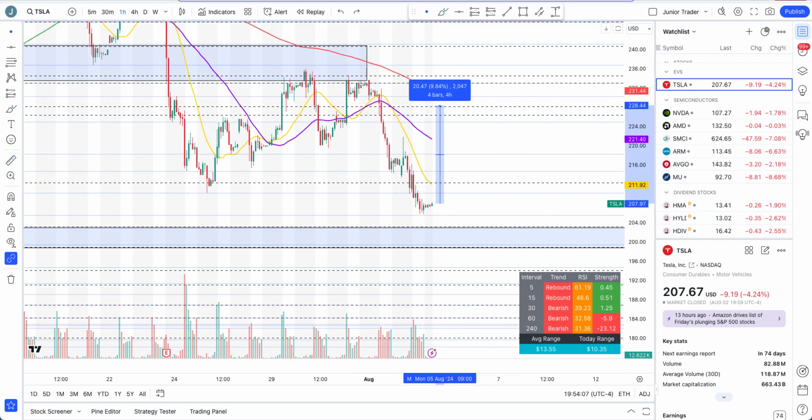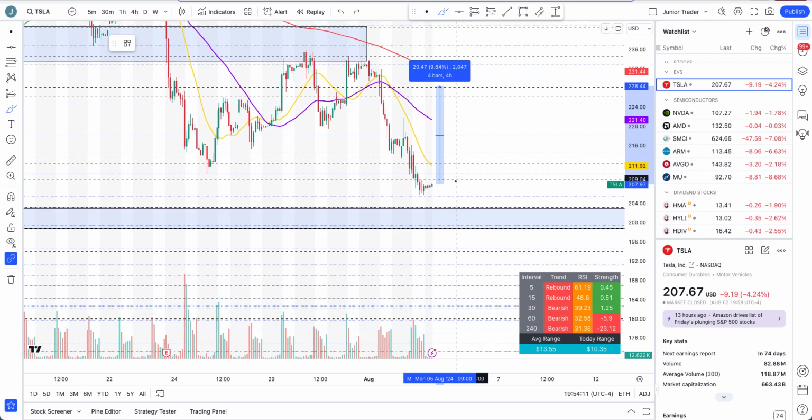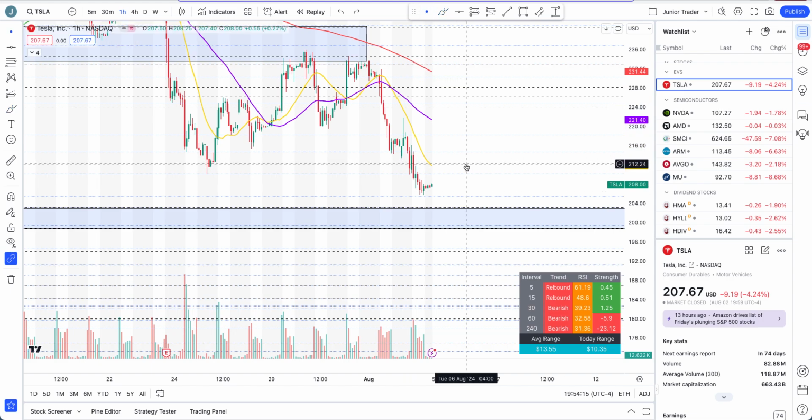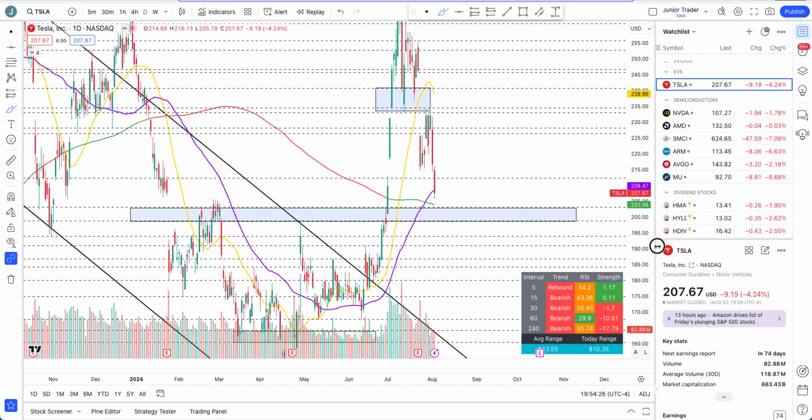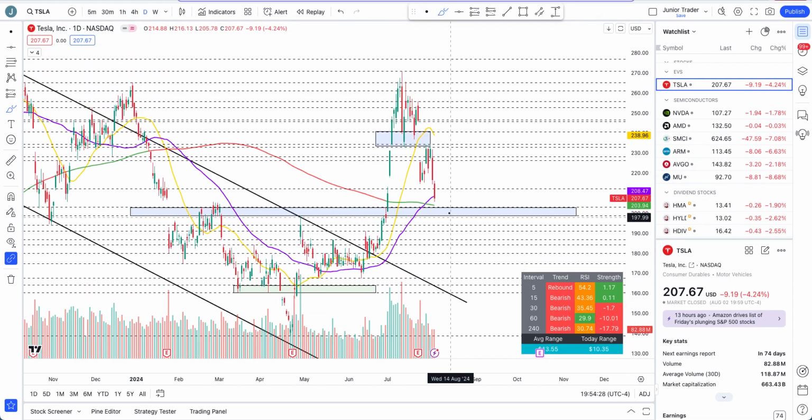So I would still say, until the safest range, provided we break the levels to the upside, these levels like 212, the safest range I would say would only be until 228 or 230, give or take, right? And then to the downside, since we are already in that direction, it all comes down to if Tesla can hold itself above this 203.